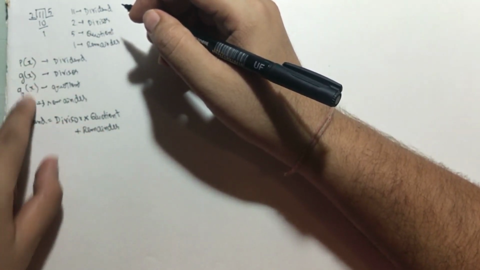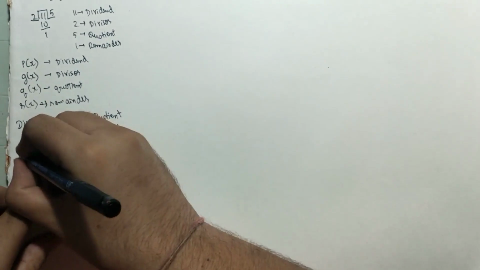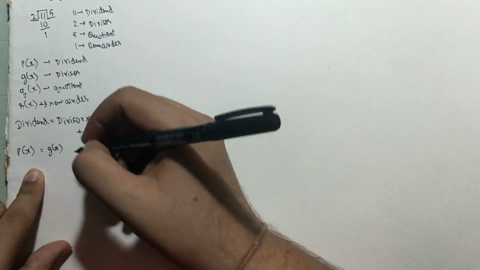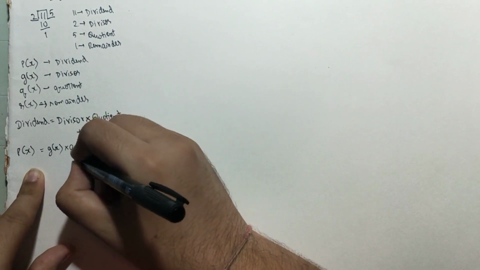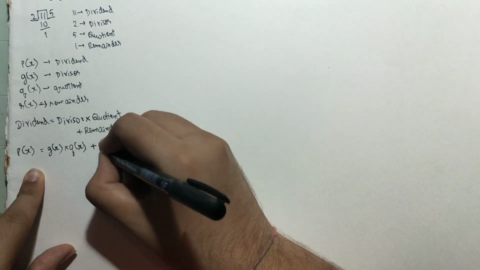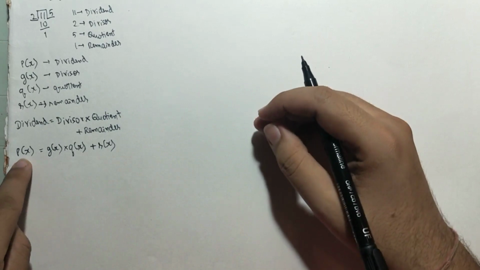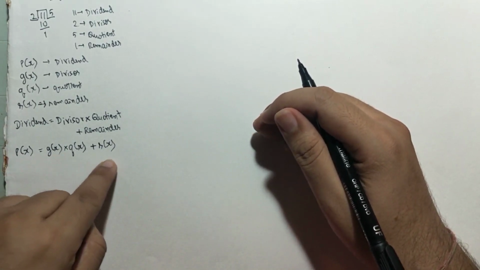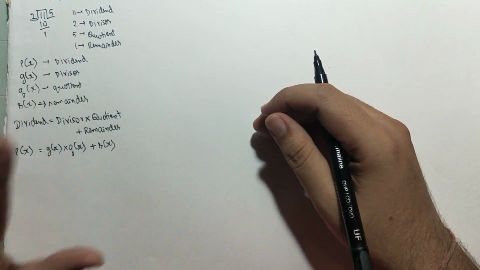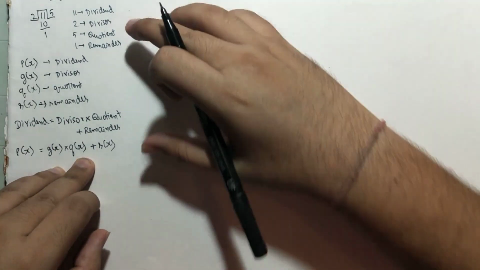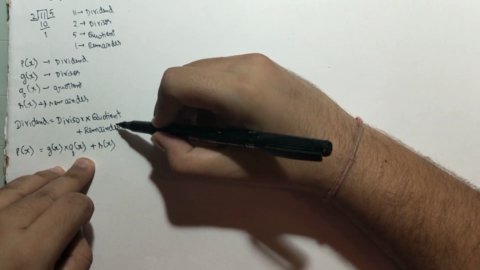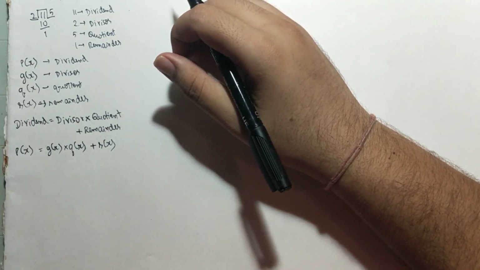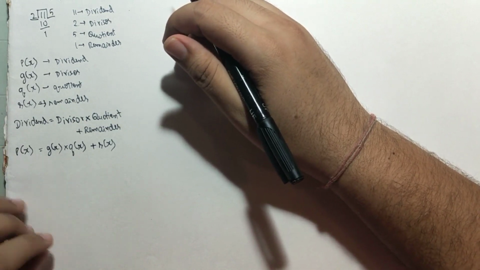By this we can write our polynomial in the form p of x is equal to g of x multiplied by q of x plus r of x. Dividend is equal to divisor multiplied by quotient plus remainder. Till now it's clear that we can write the division theorem in the form of polynomials also. Now let us learn the division of polynomial by polynomial.